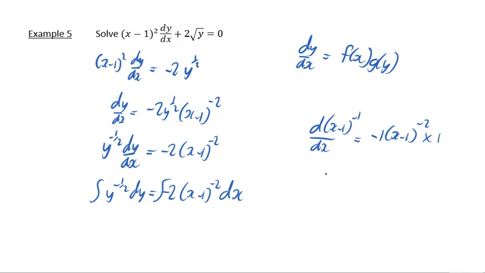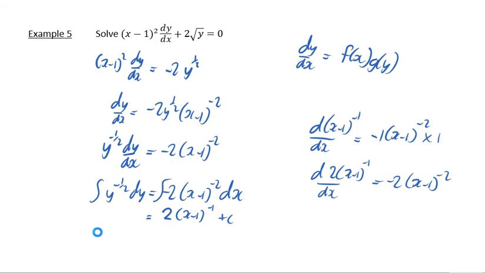So that's not quite what I want. Therefore, if I differentiate 2 times x minus 1 to the minus 1, I would get what I wanted: minus 2 times x minus 1 to the power of minus 2. That means if I integrate this, I will get 2 upon x minus 1 to the power of minus 1. So the right-hand side is just going to be 2 times x minus 1 to the power of minus 1 plus your constant of integration.